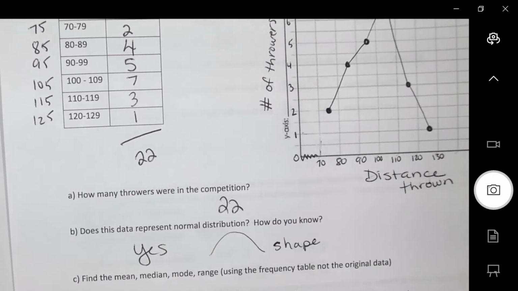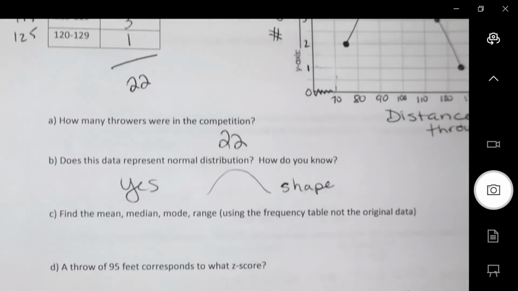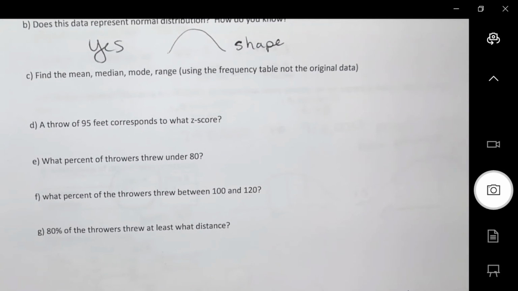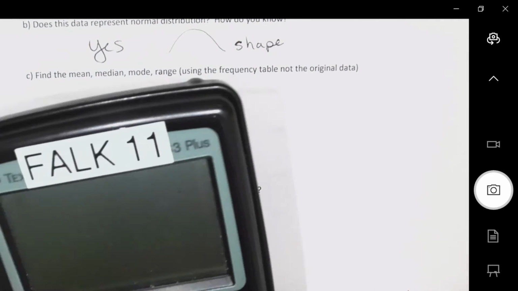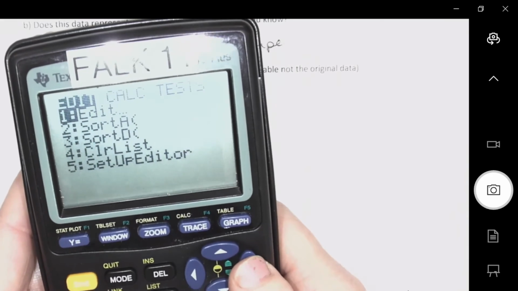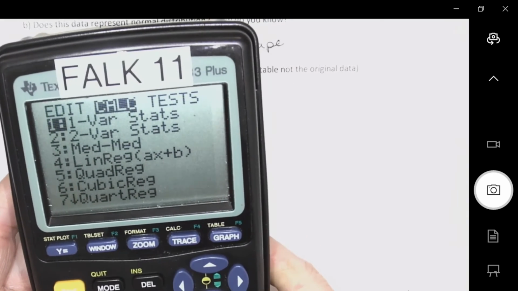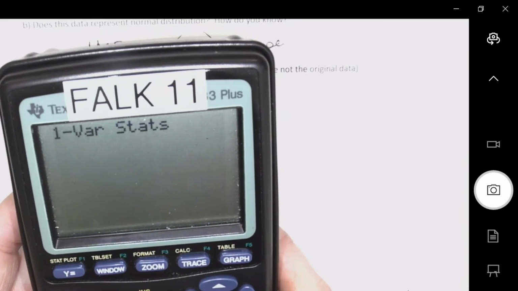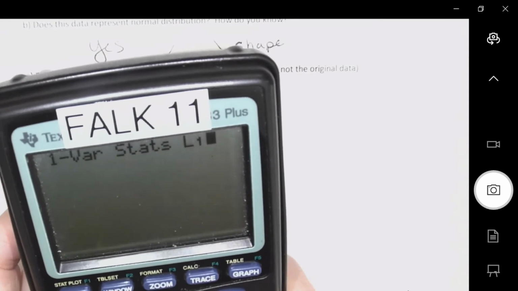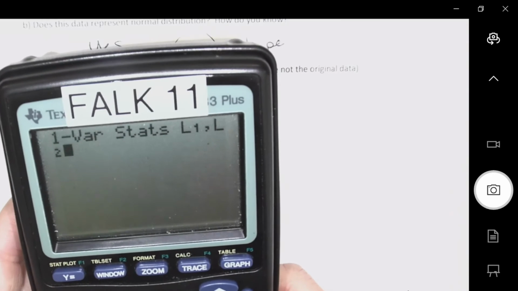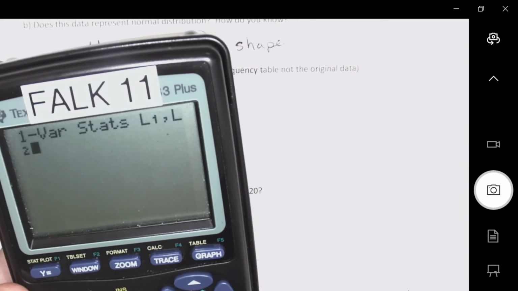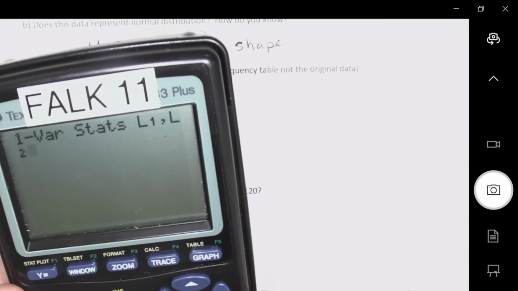Okay, I have all that in there. Find the mean, so we're going to go stat calculate one variable statistics. This time you do have to enter L1 comma L2 because you're trying to get it to calculate it with both.